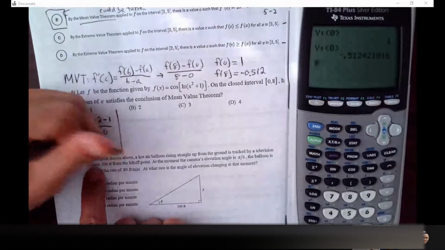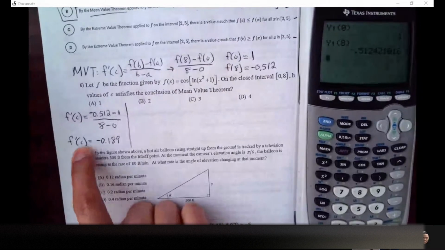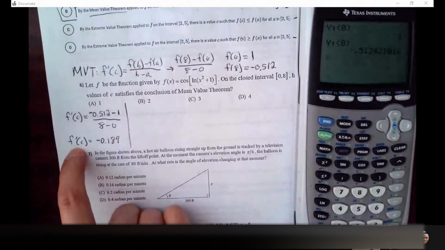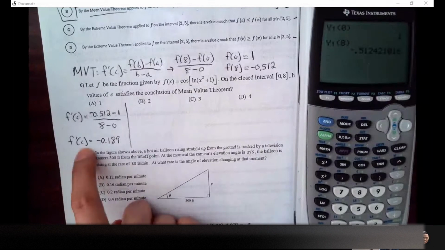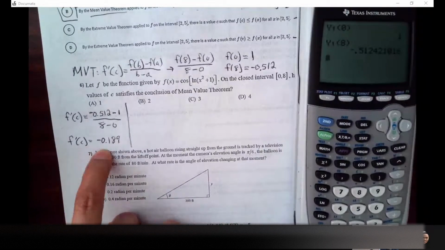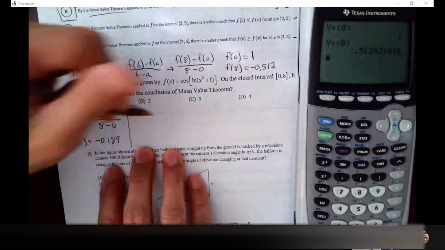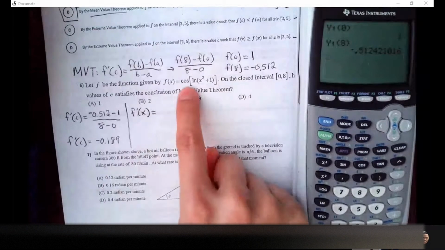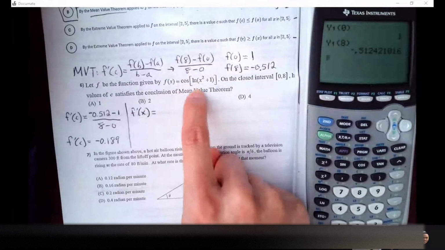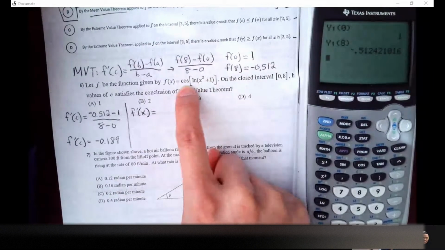So we want to figure out when the graph of f of x is going to have a slope that is exactly negative 0.189. So we need to find f prime so that we can actually solve for x. So let's find f prime. The rule for cosine of u is negative sine of u times u prime.